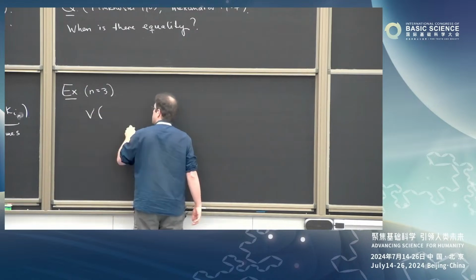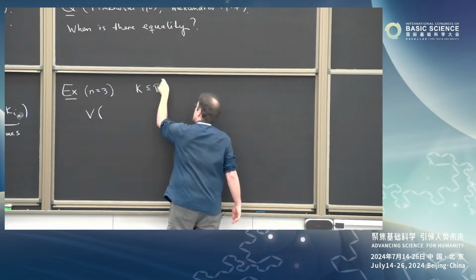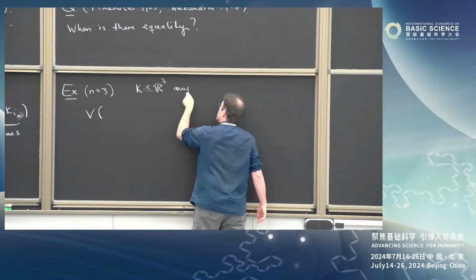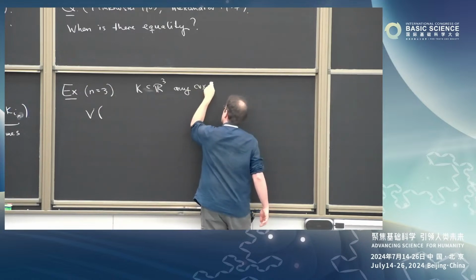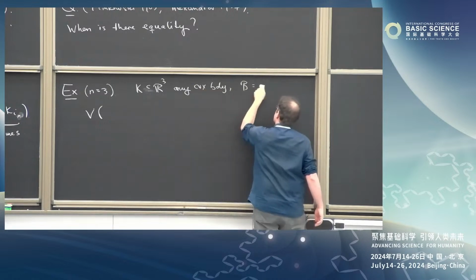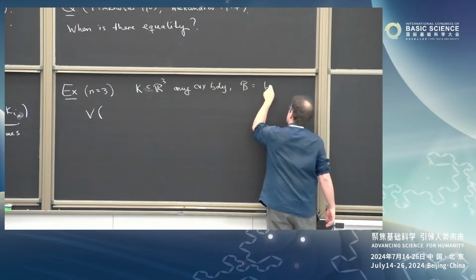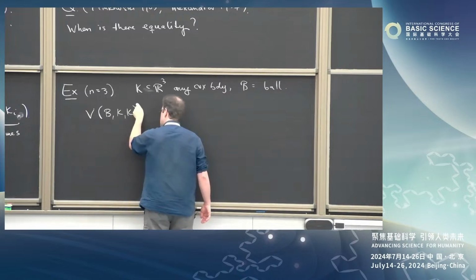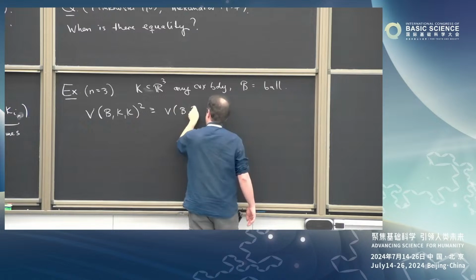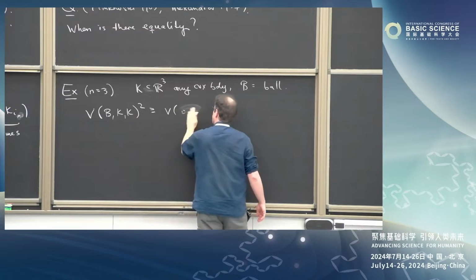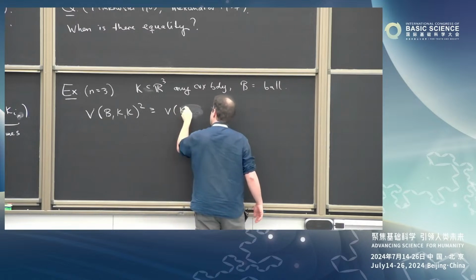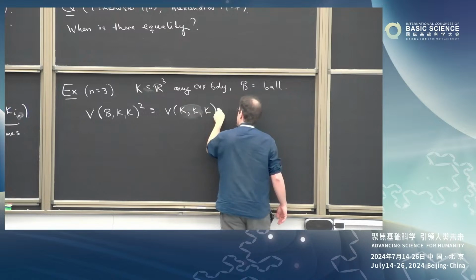What am I going to do? I have K, any convex body, and B is the Euclidean ball. Look at this inequality, V(K,B,B) and so on.